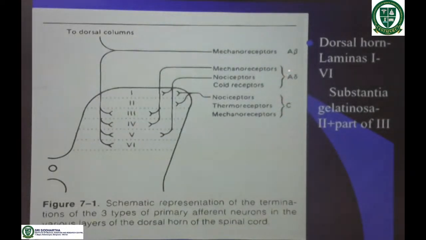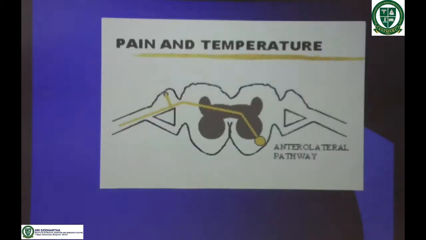A delta mechanoreceptors, nociceptors and cold receptors relay in laminae 1, 2, 3, 4, and C fibers also relay in 1 and 2. This is the laminae representation of A delta and C fiber relay.